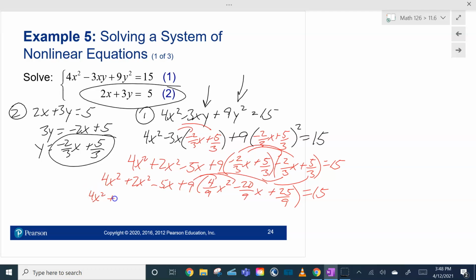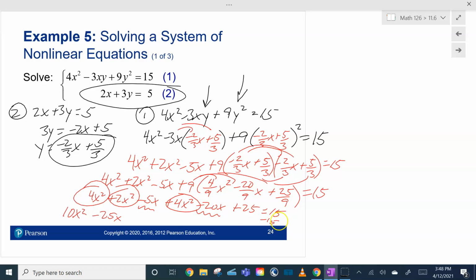So we got 4x squared plus 2x squared minus 5x plus 4x squared minus 20x plus 25 equals 15. 4x squared, 2x squared, 4x squared, I got 10x squared. Negative 5x minus 20x, I got negative 25x. I'm going to subtract this 15, so I got plus 10 equals 0.